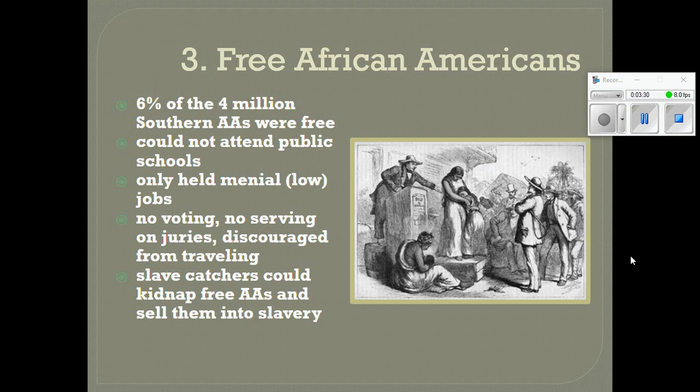Now, if you want to see a really good movie that talks about this, or read the book, which is pretty good too, it's called 12 Years a Slave. It is the autobiography of an African American who was in, I want to say, Boston. I read it a little while ago, but there were some slave catchers up there, and they just jumped him, kidnapped him, put him on a boat, and took him down to the South.